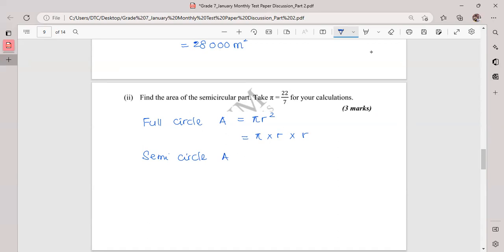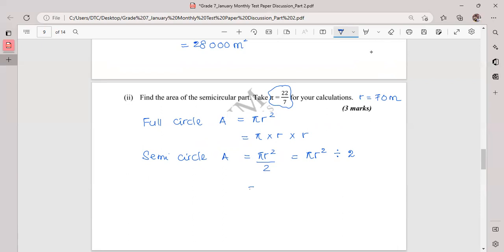The area will be πr squared divided by 2, right? Or else you can write this as πr squared divided by 2. You can do it like this, later you will realize why the teacher wrote it with the division sign, right? Now here, what is the pi value? They have given the pi value. It is 22/7. And what is the radius value here, children? It is 70 meters. Earlier we calculated it.